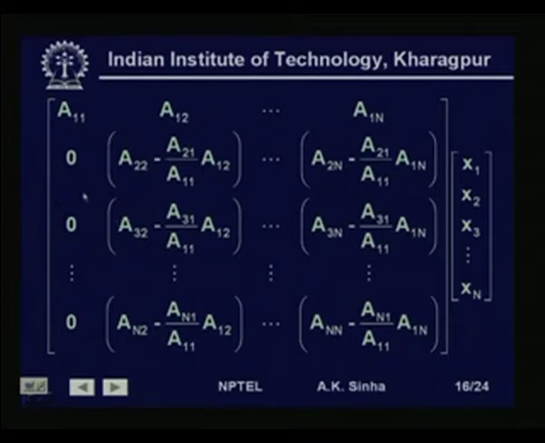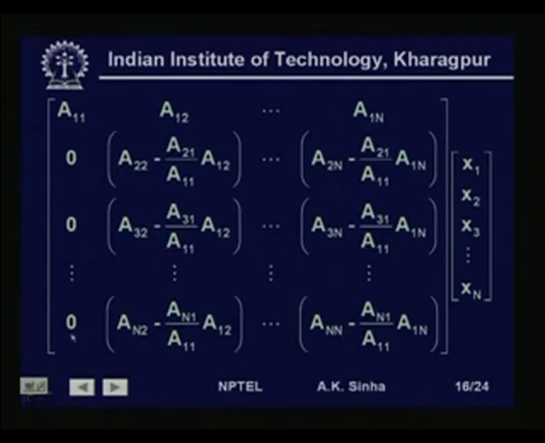Similarly, for the third row, we multiply row 1 by A31 by A11 and then subtract from the third row elements, and so on.